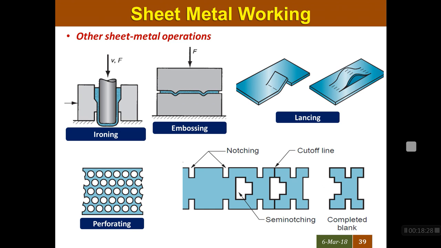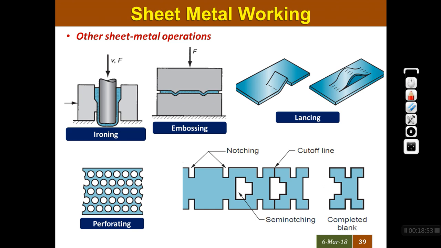A good example of application is automobile platforms, or even the floors of buses and car trucks that you might have seen. They are made of thin aluminum sheets with a small, uniform regular pattern embossed on them, which is done using embossing operations.